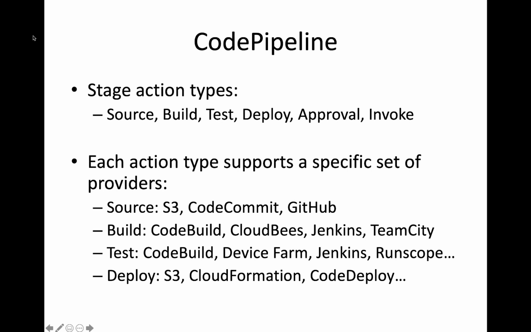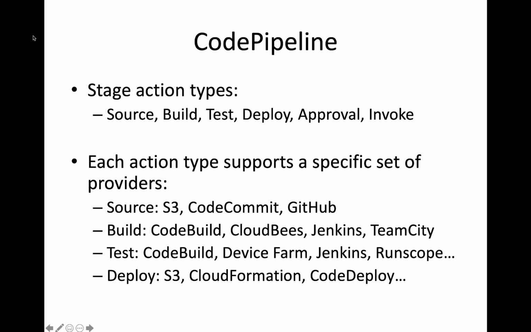If you define a build stage that uses a build action type, you can use the CodeBuild service. You could use an external Jenkins server or TeamCity server. If you have a test stage, you can use the CodeBuild service again, or you might use AWS Device Farm or a Jenkins server. And then on the deployment action type, if you have a deployment stage, you could deploy code into an S3 bucket.